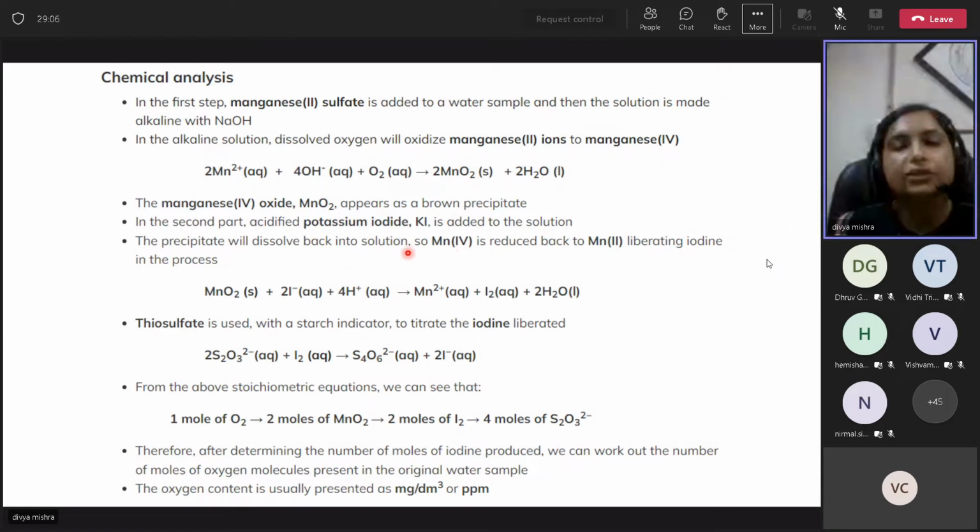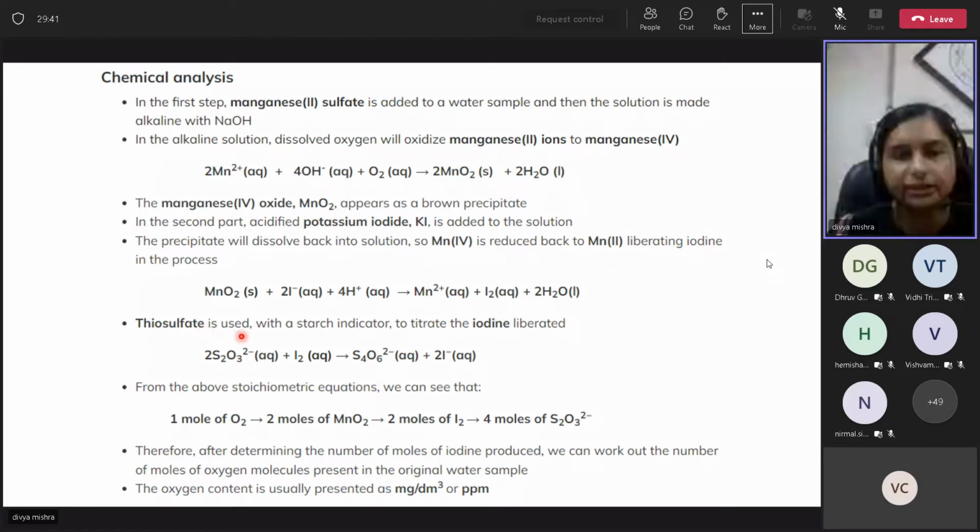So later on, we will take up this solution. This solution will be titrated with sodium thiosulfate. So what is going to happen? Your Mn plus 4 will be reduced to Mn plus 2, and you can see in this step iodine is liberated. This liberated iodine will be titrated with sodium thiosulfate.